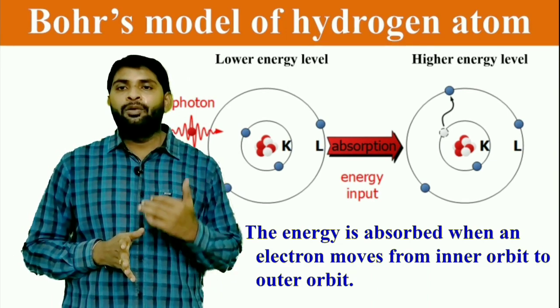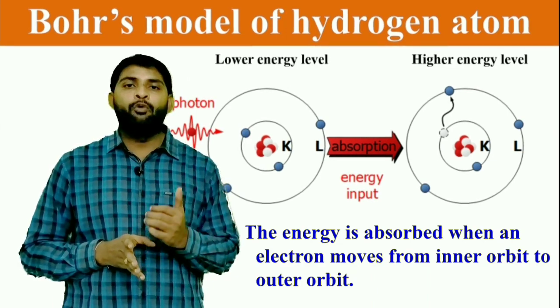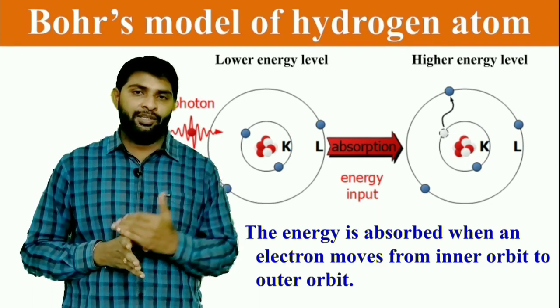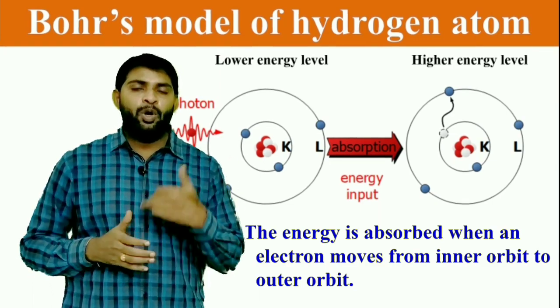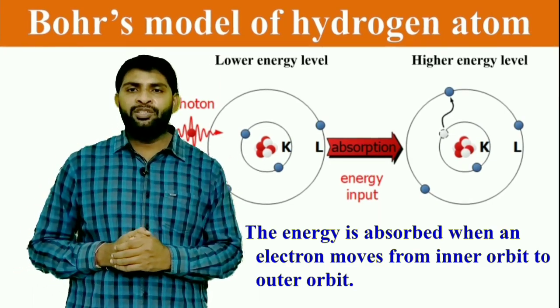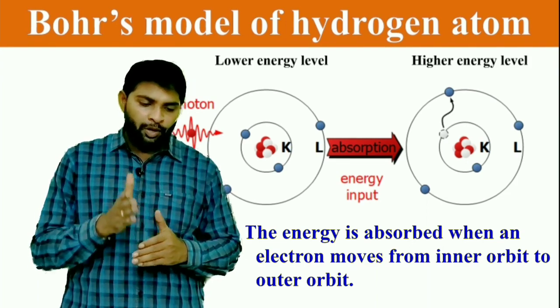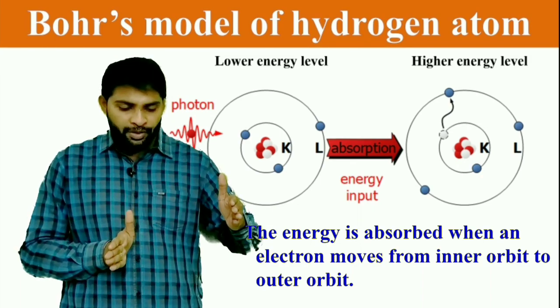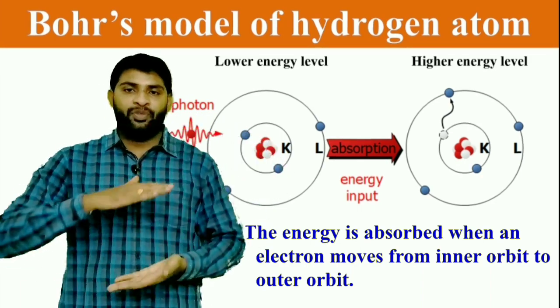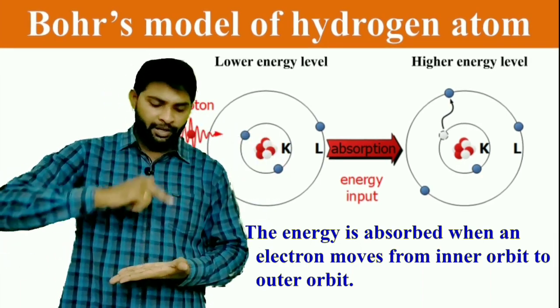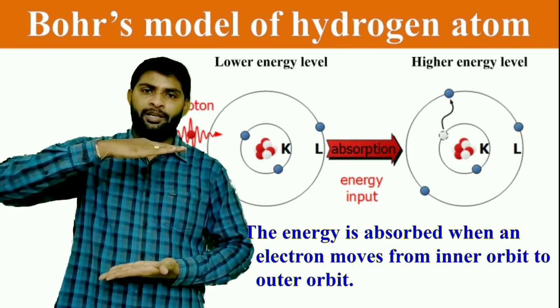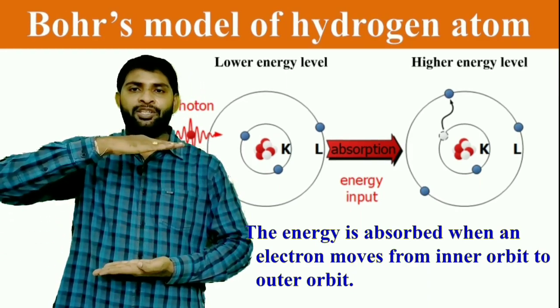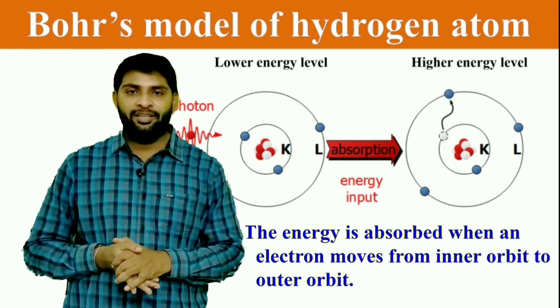Inner orbit means lower energy level, outer orbit means higher energy level. When the electron jumps from a lower energy level to a higher energy level, it requires energy. That's why it absorbs the energy.